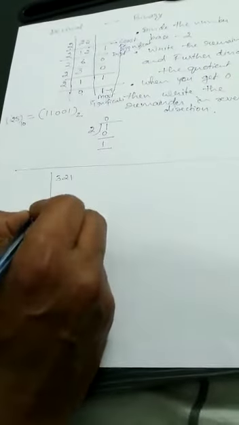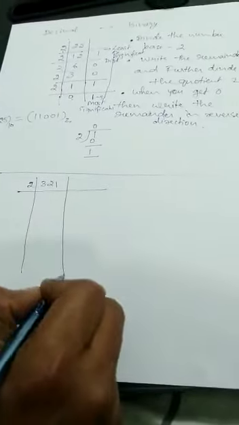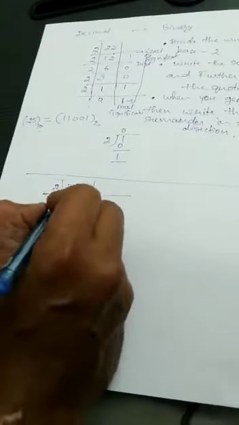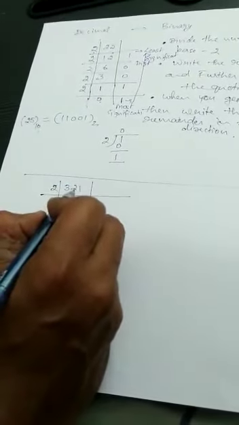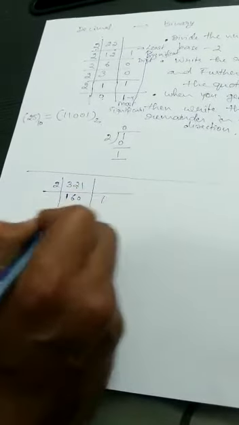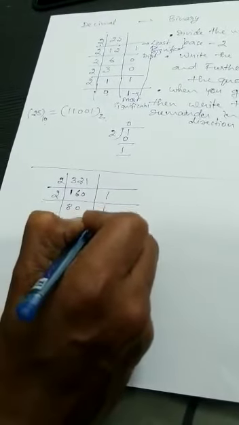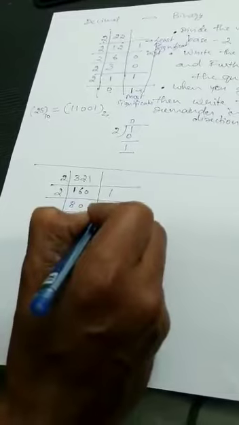Now take one more example of converting a number. Suppose you take 321, then divide it by 2 and write the remainder on one side. What will you get? 2 ones are 2, carry 1, 2 sixes are 12, further this is 0 and the remainder is 1. 2 eights are 16, remainder is 1, remainder is 0.